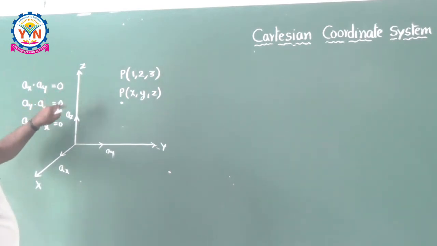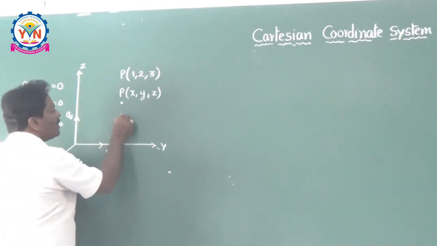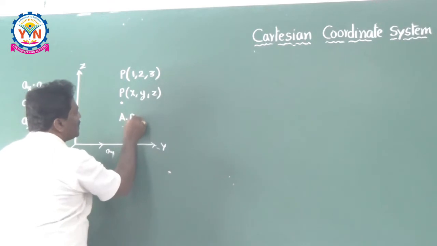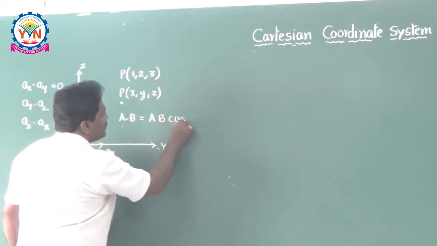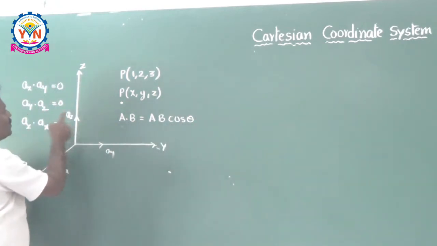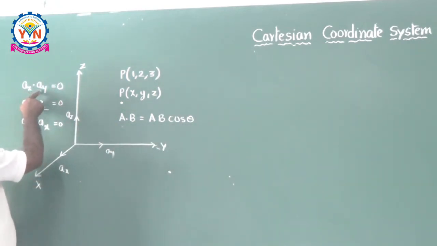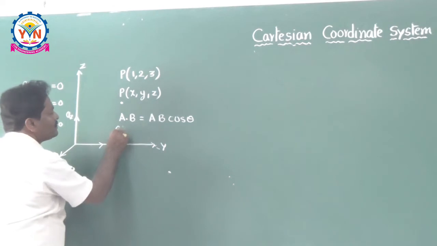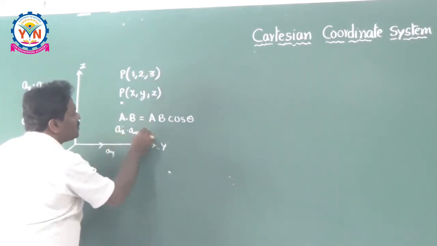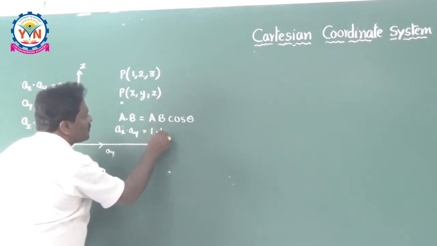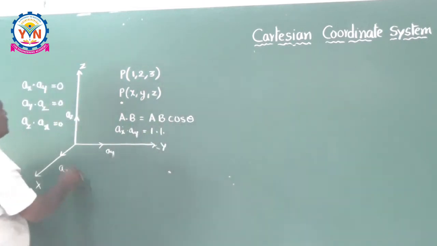So, recall your vector calculus fundamentals. What is A dot B? A dot B is equal to AB cos theta. Here A and B mean unit vectors. Suppose for example AX dot AY is equal to its magnitude 1, times 1, times cos 90, because the angle between the x-axis and y-axis is 90 degrees.